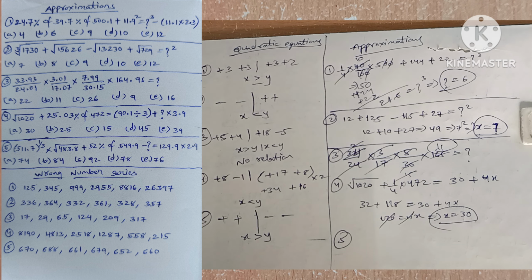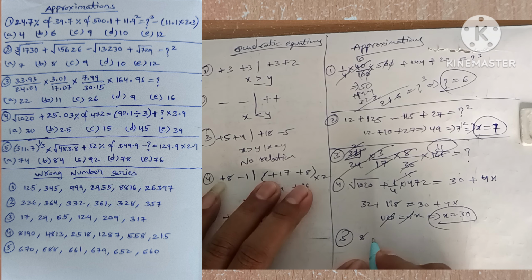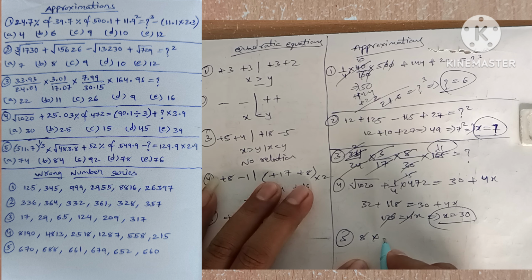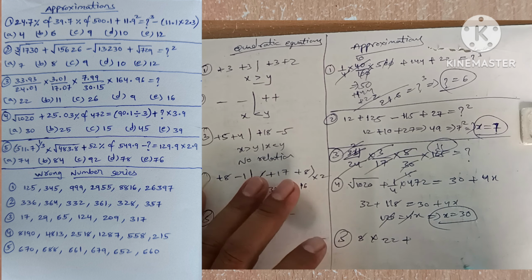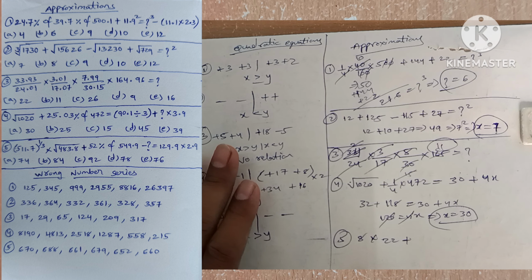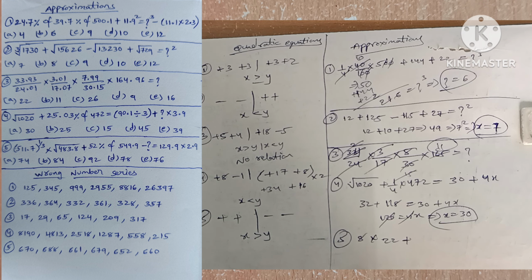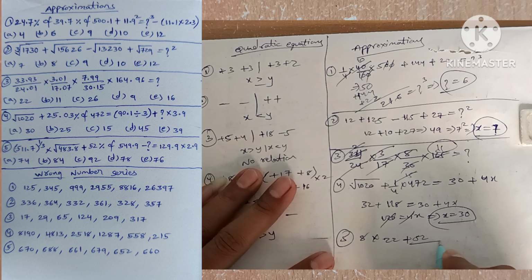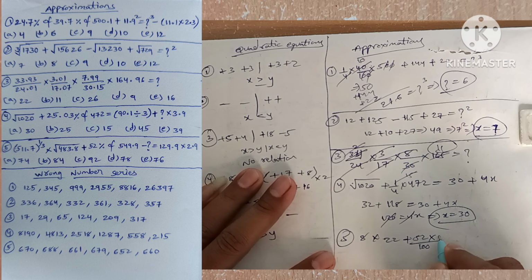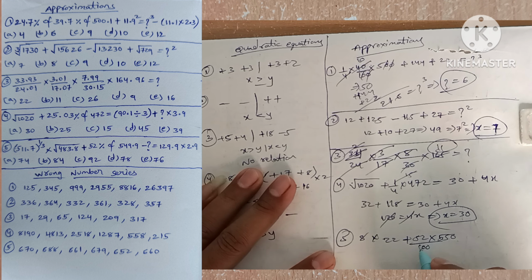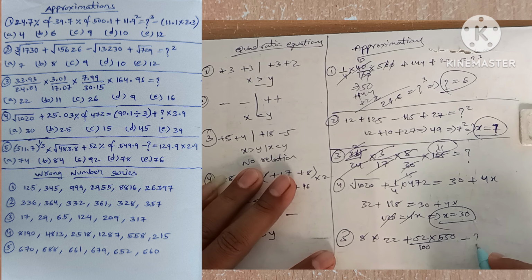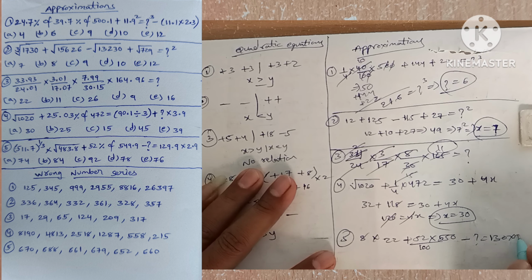Question number 5. 511.7 whole power 1 by 3 means 512 power 1 by 3, which is 8, into square root of 483.8 means 22, plus 52% of 549.9. This is 52 divided by 100 into 550, plus minus question mark equals to 130 into 3.